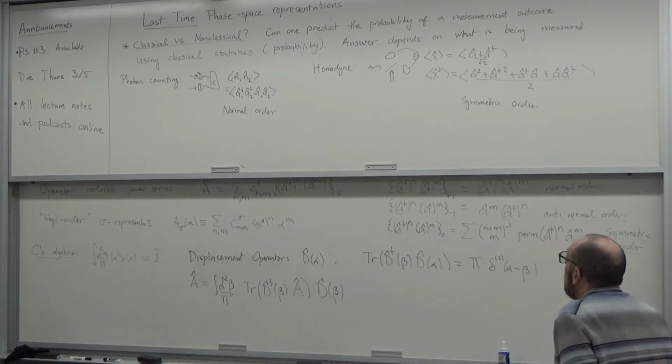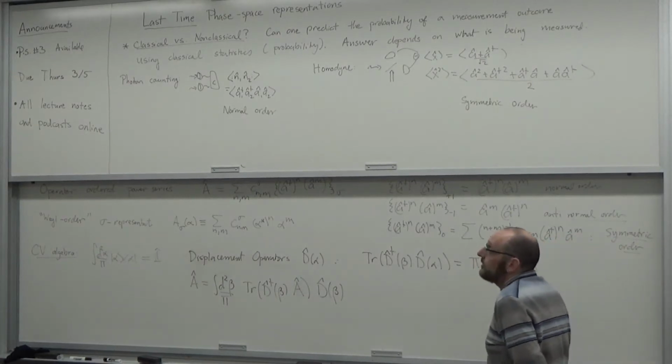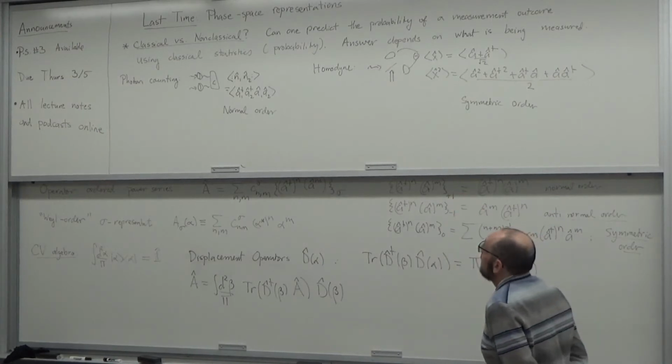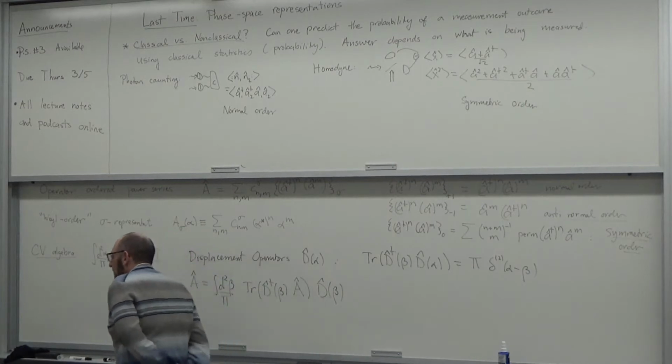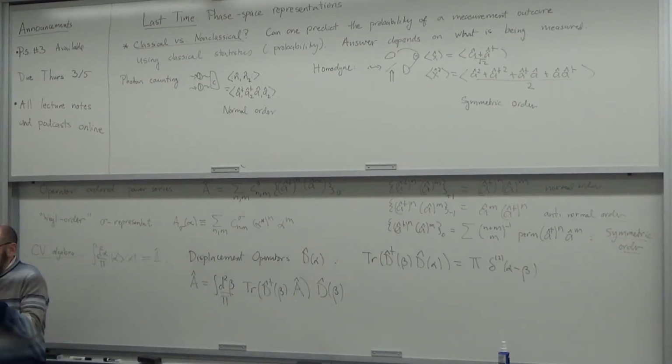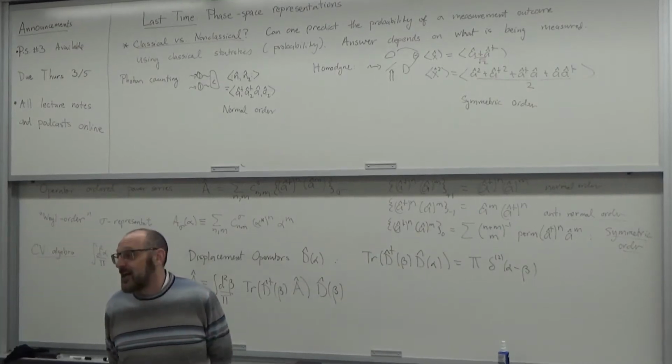And what we seek to do is to answer the question, can we predict the probability of seeing a particular measurement outcome purely with a classical statistical theory? If we can, we say that phenomenon is classical.